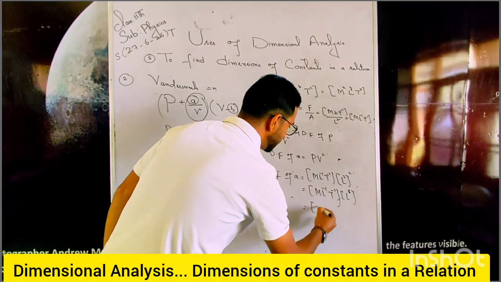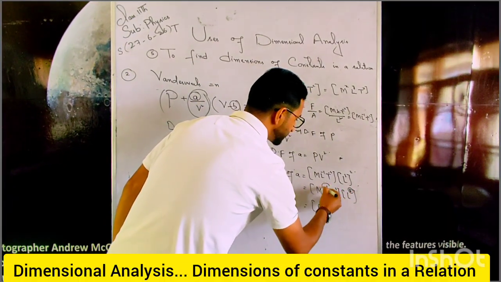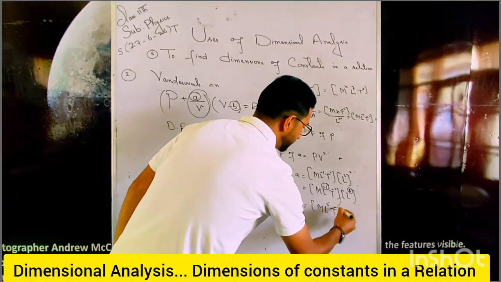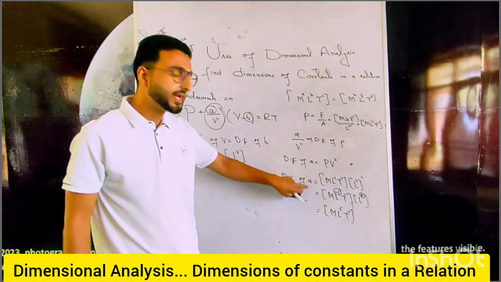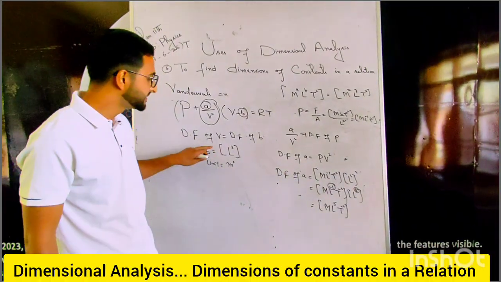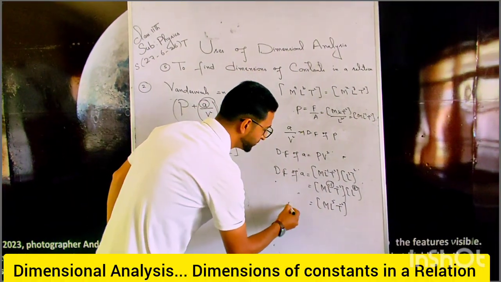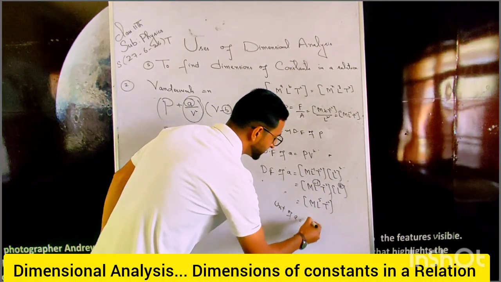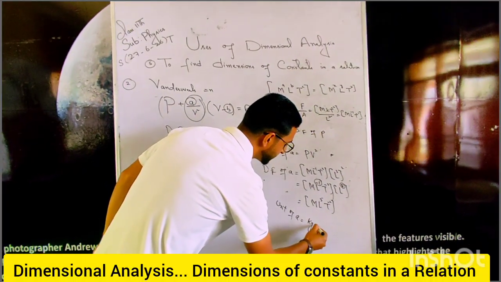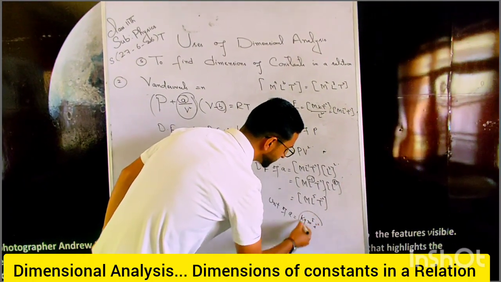So let me simplify it. This is m L power 5 because 6 minus 1 is 5, and T power minus 2. So we have found the dimensional formula of A as well as the dimensional formula of B. So let me write here the SI unit of A. ठीक है? So this is basically kg m power 5 per second square.